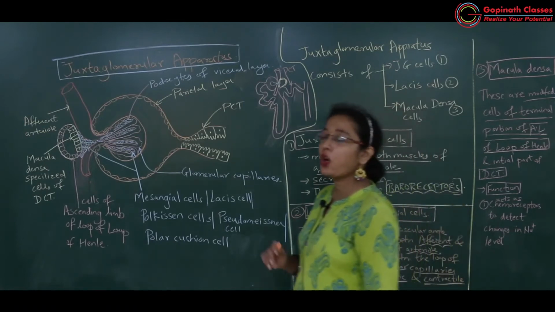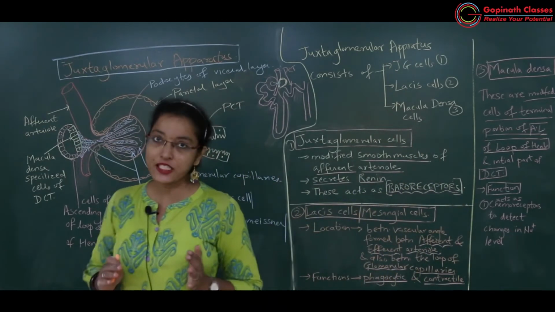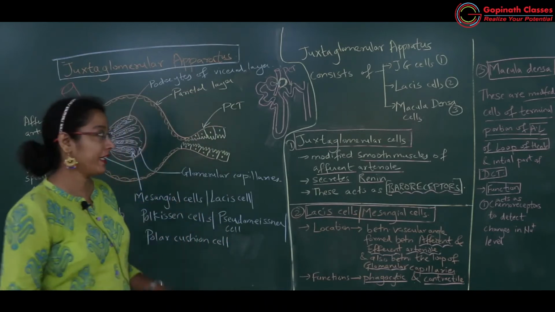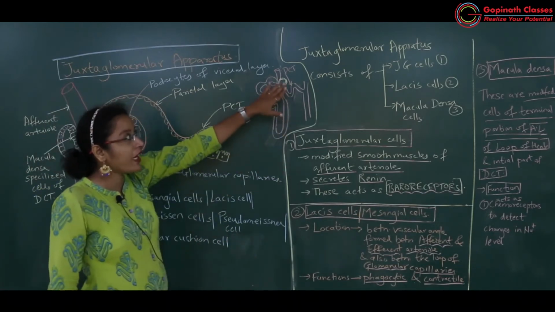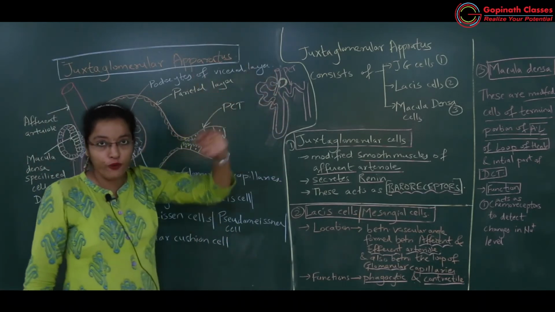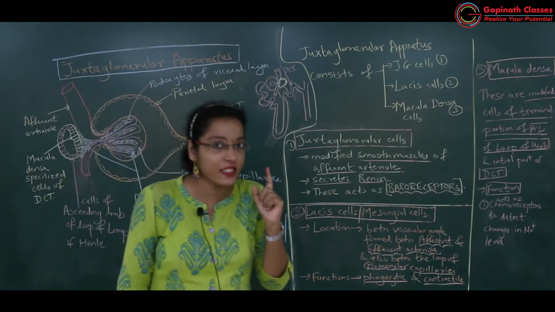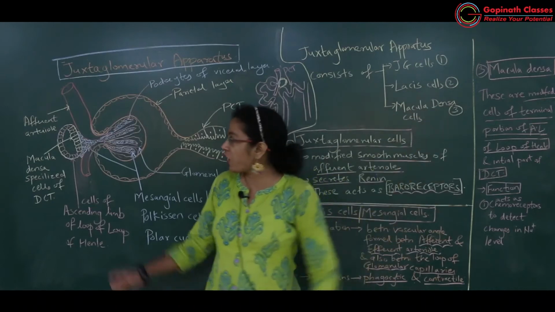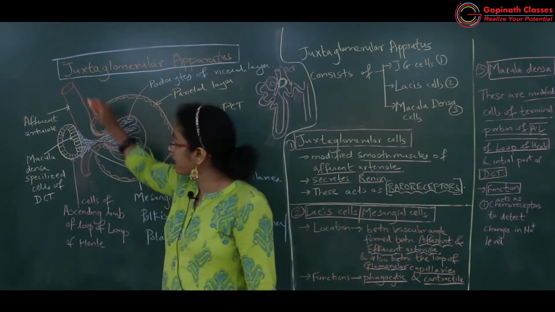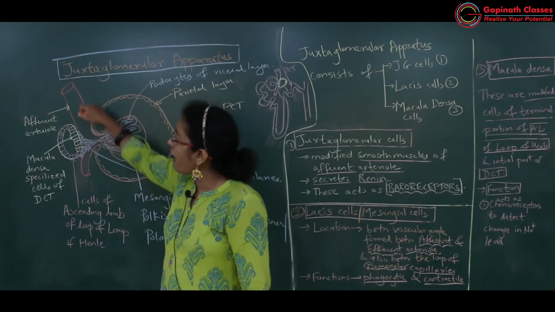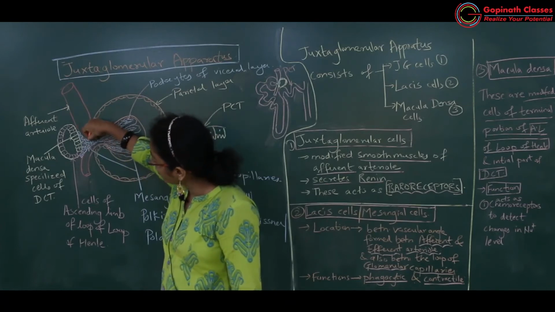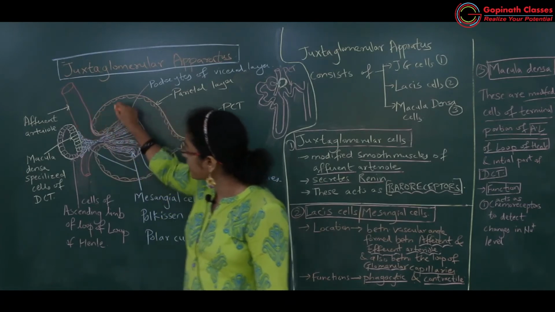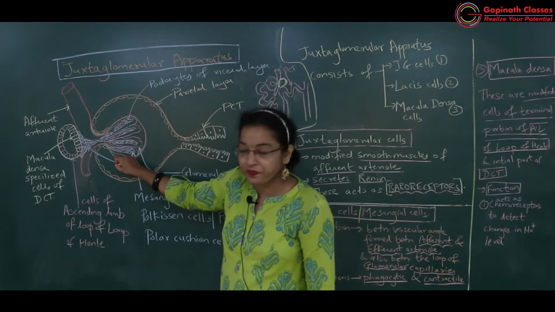Firstly, you should know what the juxtaglomerular apparatus is. Juxtaglomerular apparatus consists of juxtaglomerular cells. Juxtaglomerular cells are the cells of the afferent arteriole. Look at this diagram. This is the Bowman's capsule.